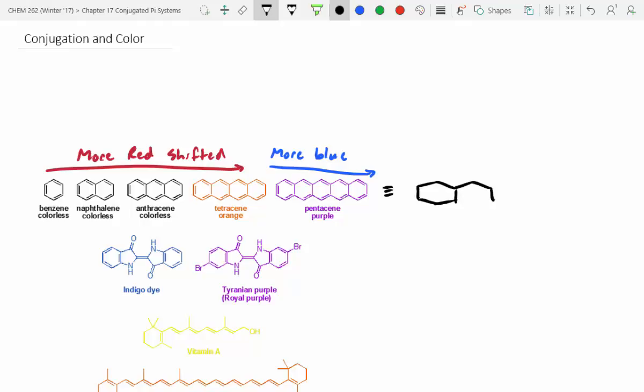Yeah, it's higher in energy, and pentacene is so unstable that it really doesn't like having that alternating double single bond pattern as shown. In fact, a much, much better way of drawing pentacene would actually be like this, as a diradical.